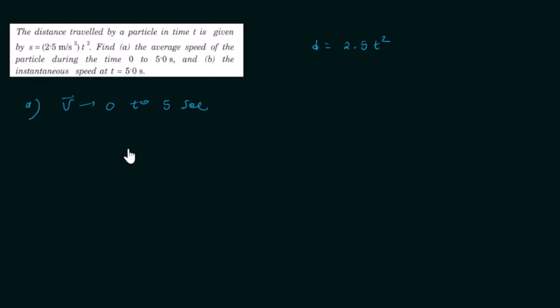The average speed is basically delta x by delta t, as we know. So here we will have x at 5 minus x at 0, divided by 5 minus 0.